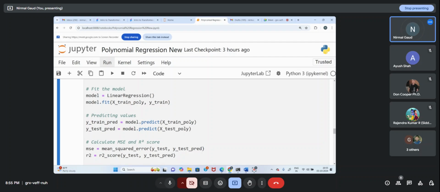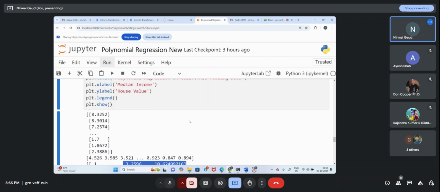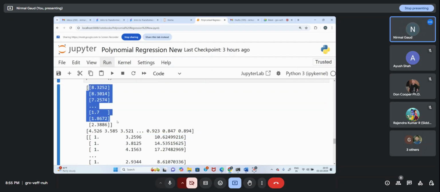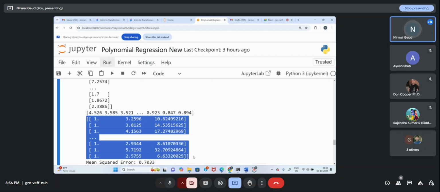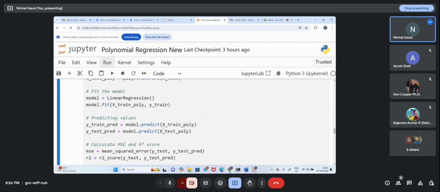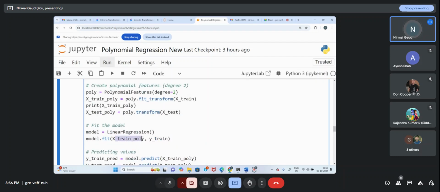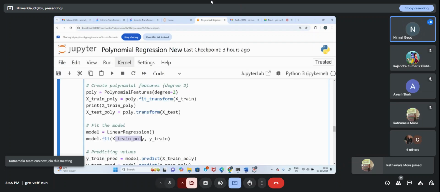This is your x. I have split x into x train and x test. The one which I have printed here is for x train. You can see x train.